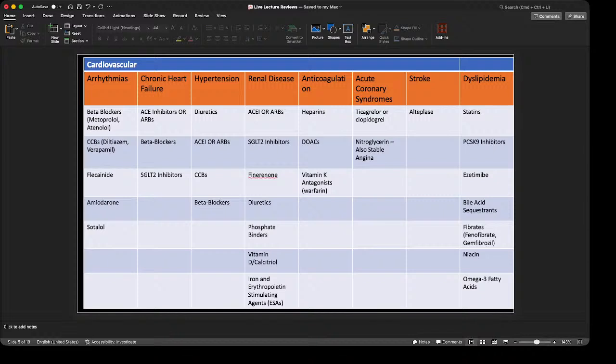And then acute coronary syndromes, like ticagrelor and clopidogrel. For clopidogrel, there are certain interactions. A patient might be having some kind of gastric acid issues, or they might have heartburn medication like omeprazole.